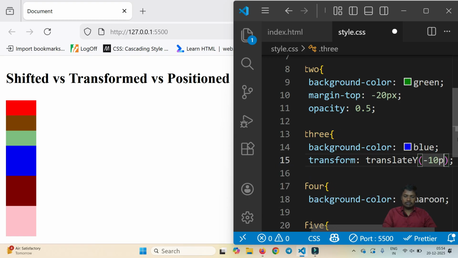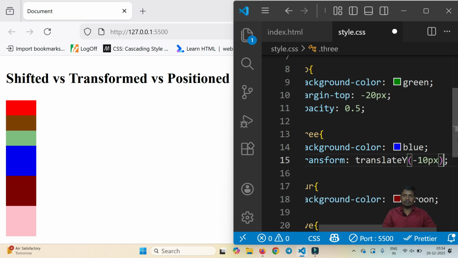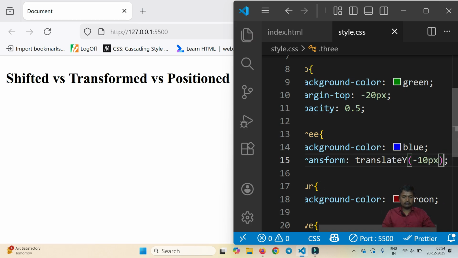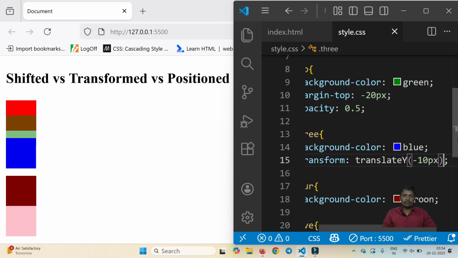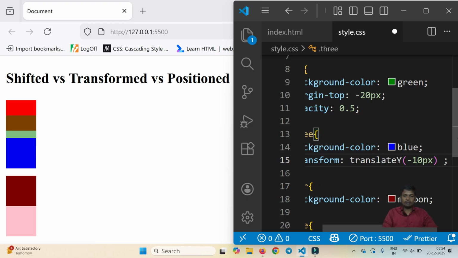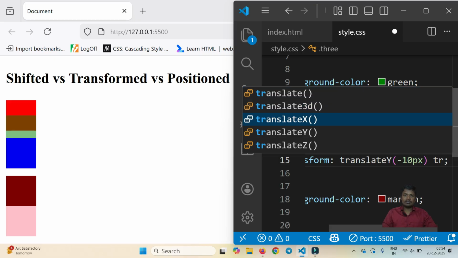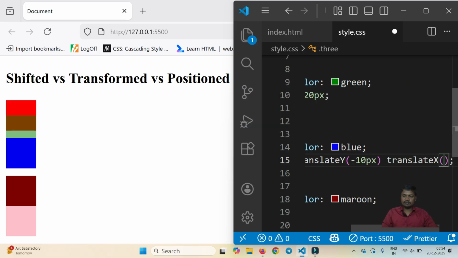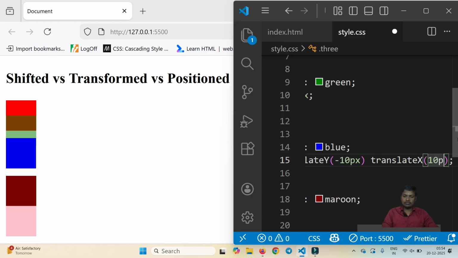We give translate x 10 pixels. The transformed element just moved rightward, and we give another translate y, negative 10 pixels.